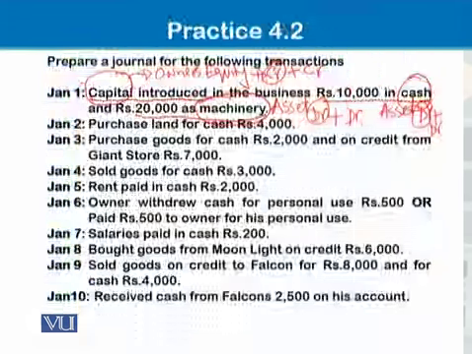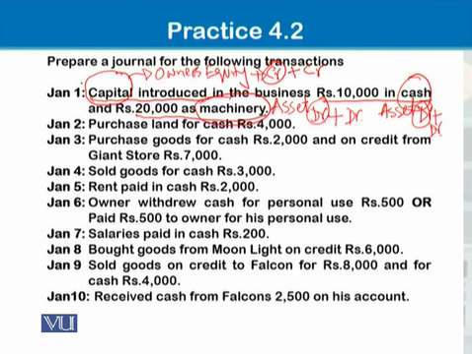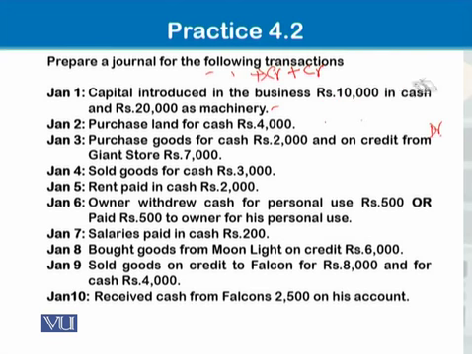Well, then comes, we purchased land. We purchased land for cash. So one accounting head is cash and the second accounting head is land. And both accounting heads belong to the main head asset and their nature is debit.